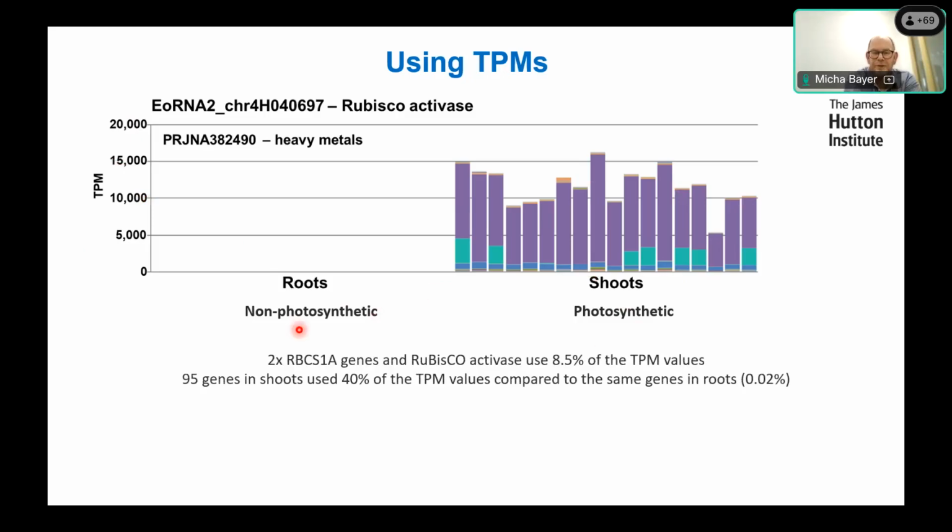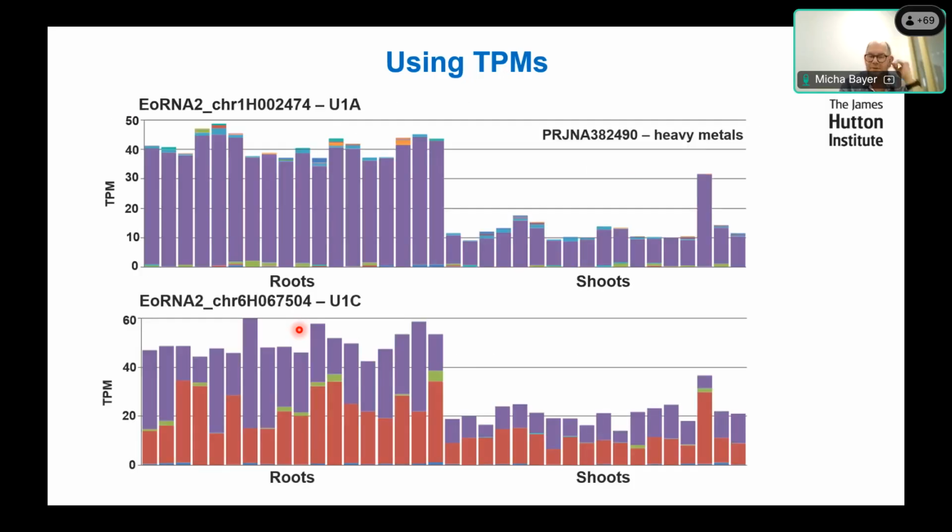So the issue for that in terms of the TPM values is that there are 3 genes, RBCS1A genes, and Rubisco activase use 8.5% of the TPM values. And if you look further afield, there's 95 genes in shoot that use 40% of the TPM values compared to the same genes in roots. So the effect on that is there's less TPMs available for some of the other genes.